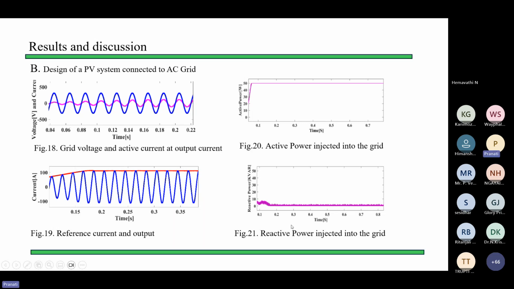And our reactive power, as we have kept the reactive reference current value to zero, therefore reactive power injected into the grid is zero. We have injected zero reactive power into the grid, therefore this voltage and current are synchronized in phase with each other to deliver the unity power factor operation.